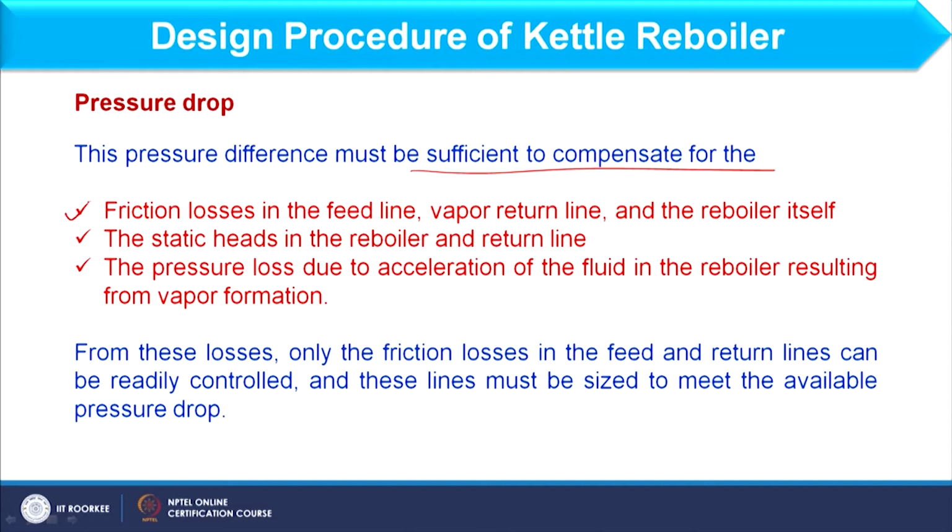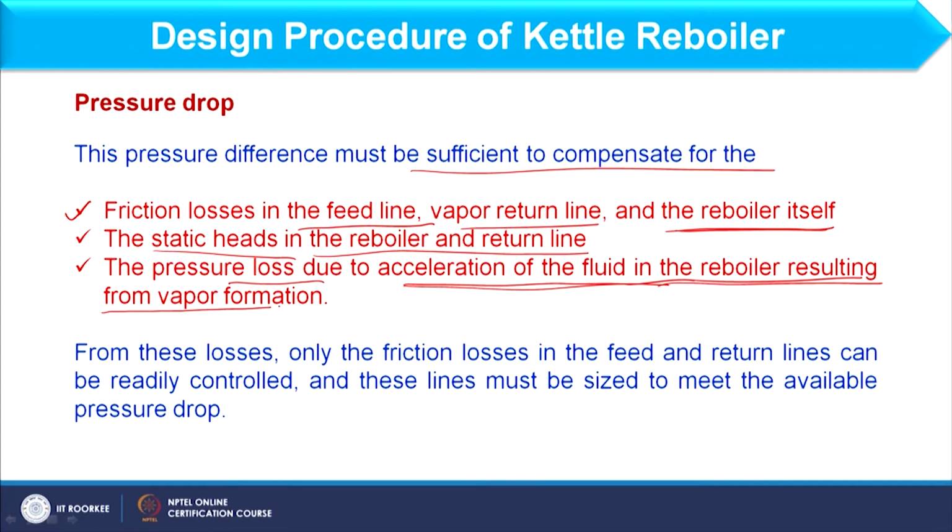First, friction loss in the feed pipe, the vapor return line and the reboiler itself. Secondly, static heads in the reboiler as well as the return line. And thirdly, pressure loss due to acceleration of the fluid in the reboiler resulting from vapor formation.